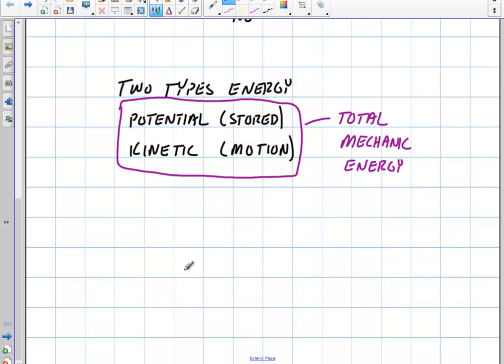So elaborating a little bit more here, potential energy is going to depend on position.